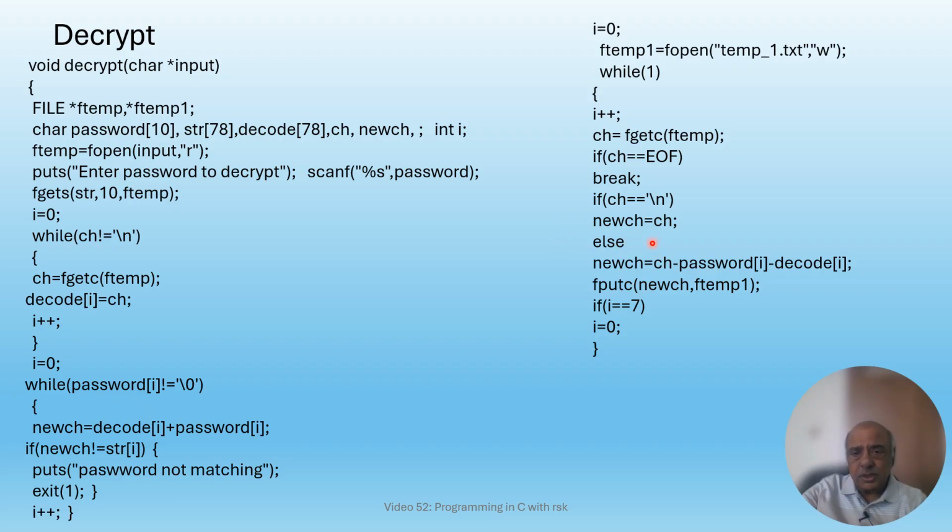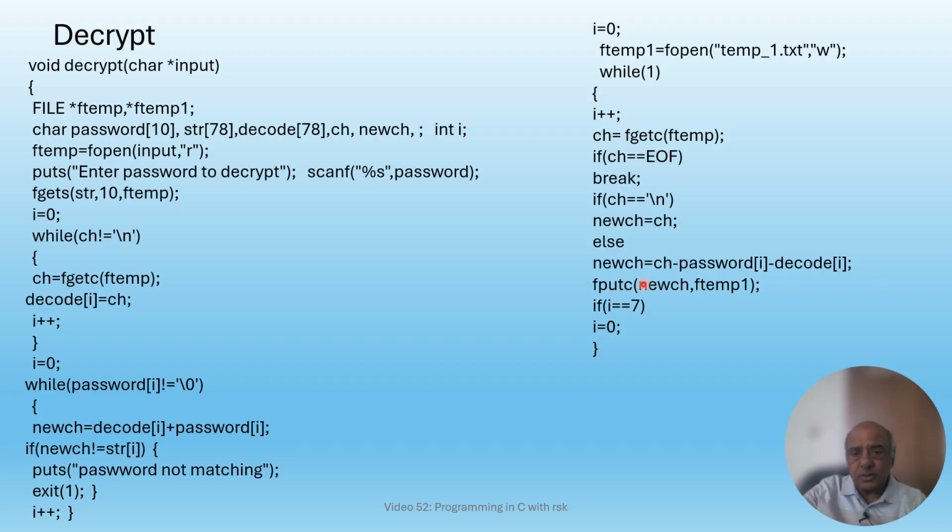If there is no next line character, then all the characters are converted back into the original characters that are available in the source file by this expression: new ch is equal to ch minus password[i] minus decode[i].